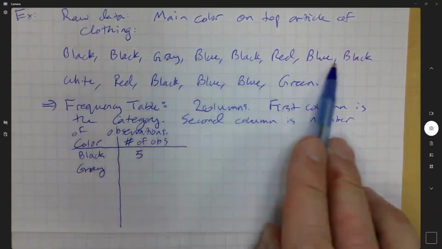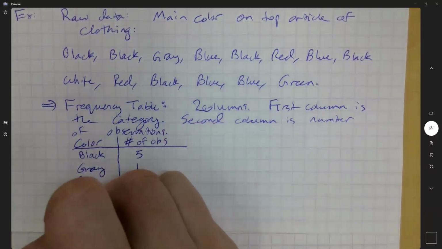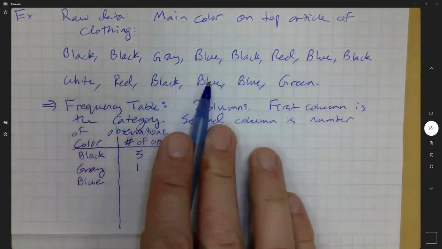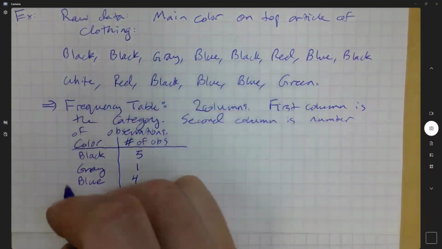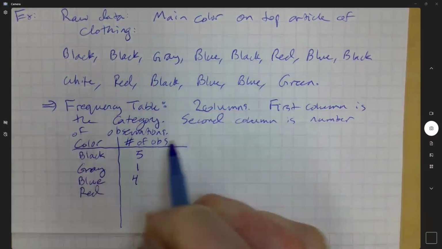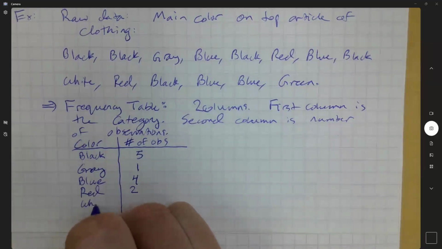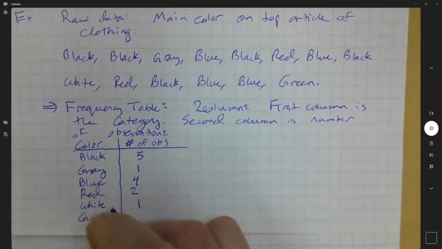And I have 1. Yep. I have blue as a color. I have 1, 2, 3, 4. I have red as a color. I have 1, 2. White, there's 1. And green, there's 1.